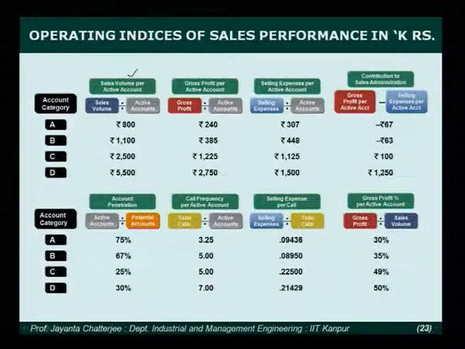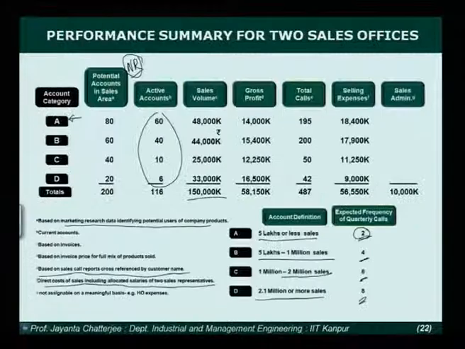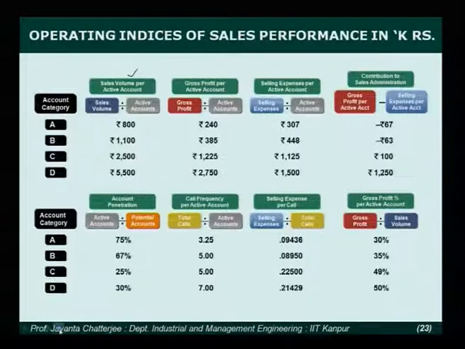Now, the sales volume per account, because we have defined the D category as accounts with 2.1 million or more in sales. So this gives us a strategic frame for how to allocate our attention or other support resources.